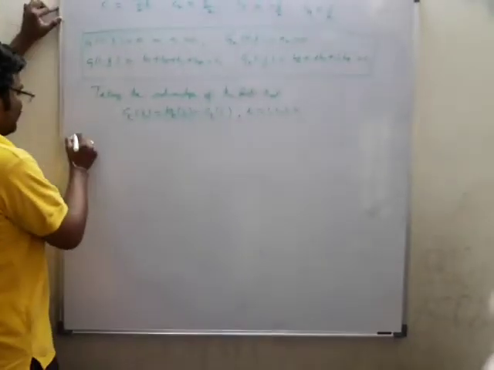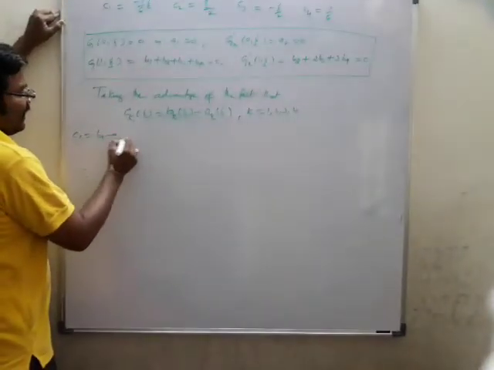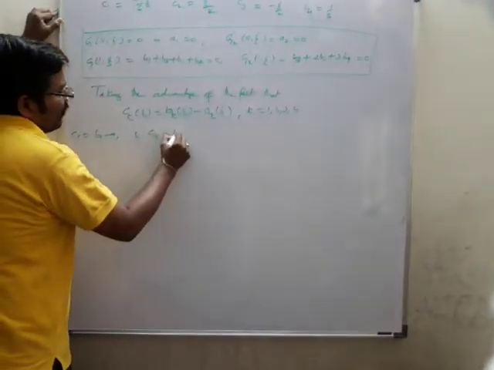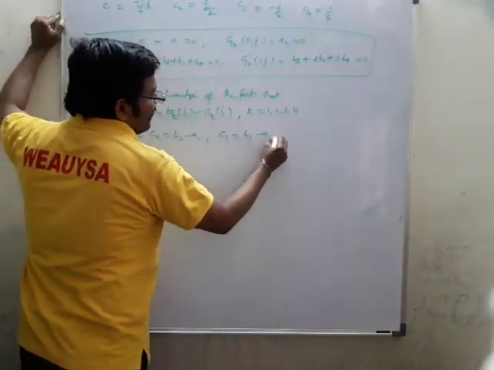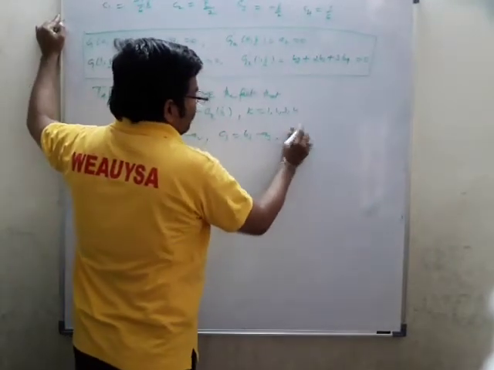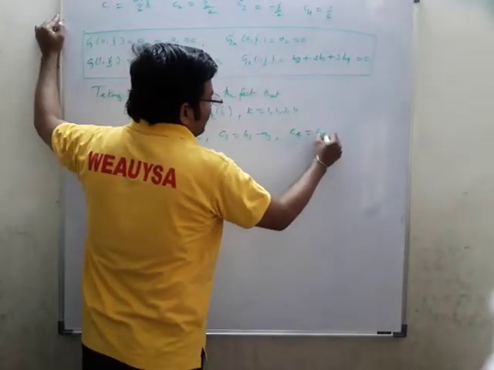Now we'll write this as C1 equal to B1 minus A1, C2 equal to B2 minus A2, C3 equal to B3 minus A3, C4 equal to B4 minus A4.